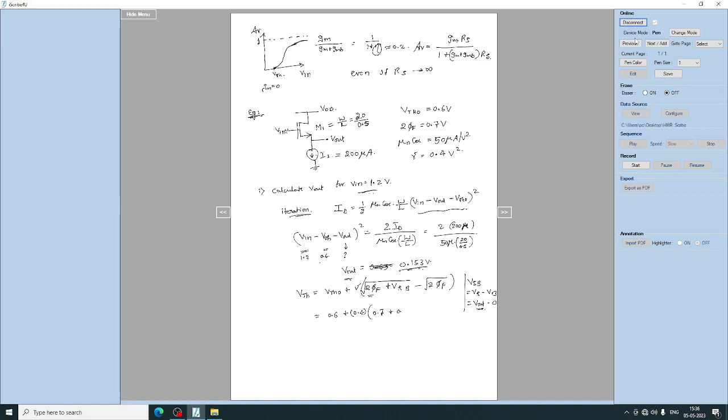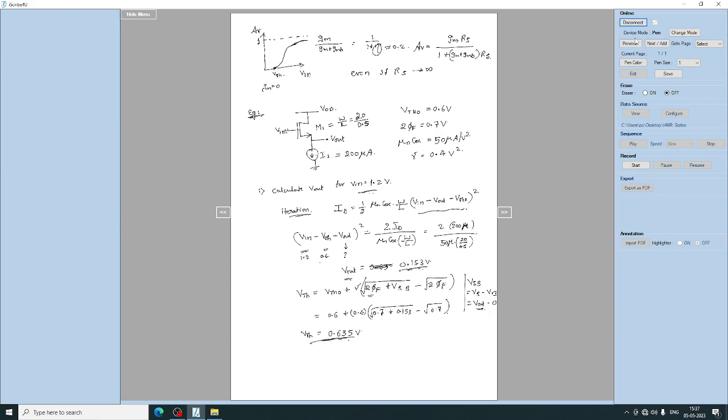V out happens to be 0.153, inside the square root, minus the square root of 0.7. Solving this, you get a threshold voltage of 0.635 volts.